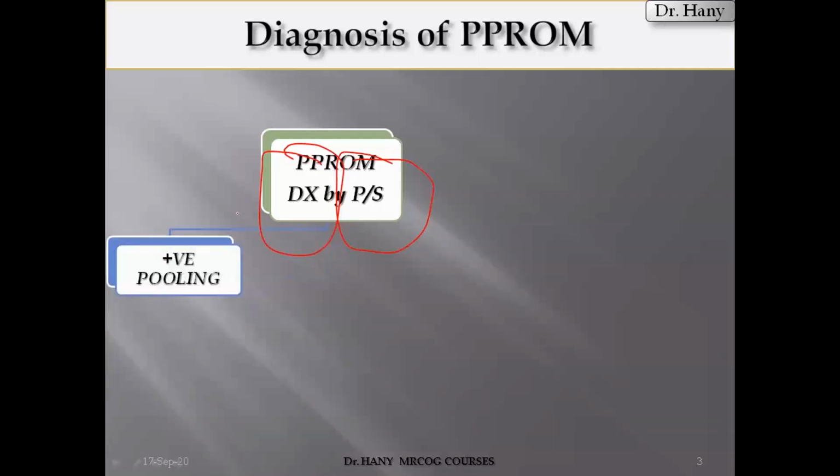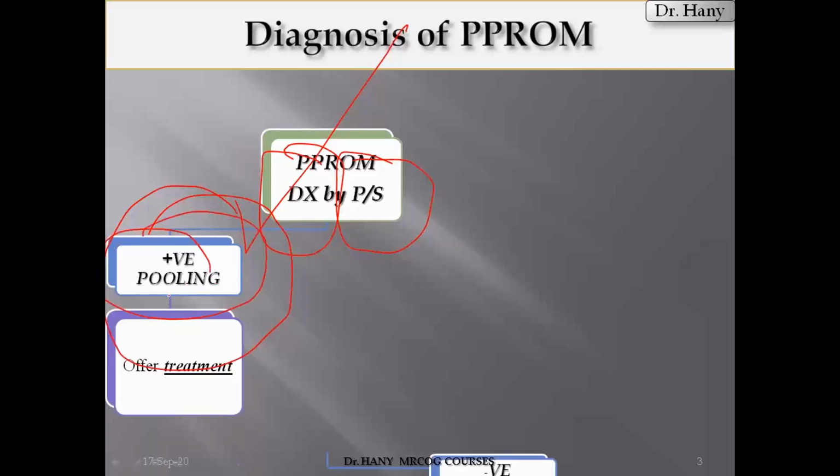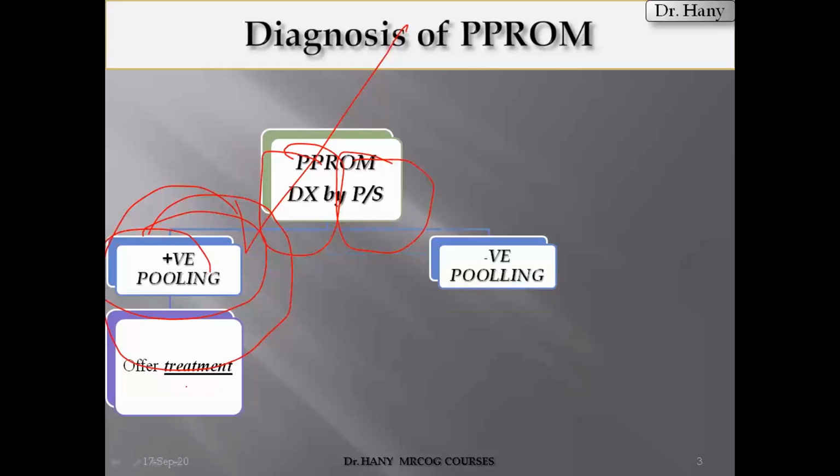To confirm whether there is pooling or not by your naked eye. This is to confirm that the woman is right and gives you the actual history. So you will put in a sterile Cusco speculum and find liquor in the vagina, so positive pooling. You will offer a treatment. What will be the treatment?